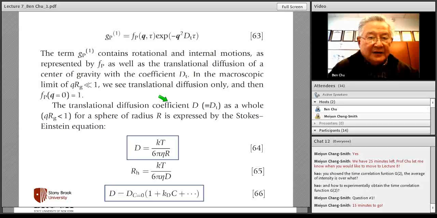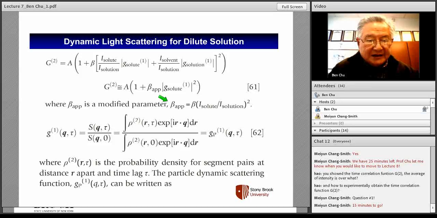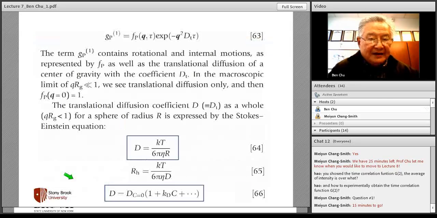But because we're doing dynamics, we also have to pay a little bit of attention to the particle dynamic scattering function, this term here. If we look further, you can see that this G1P has an f of p.